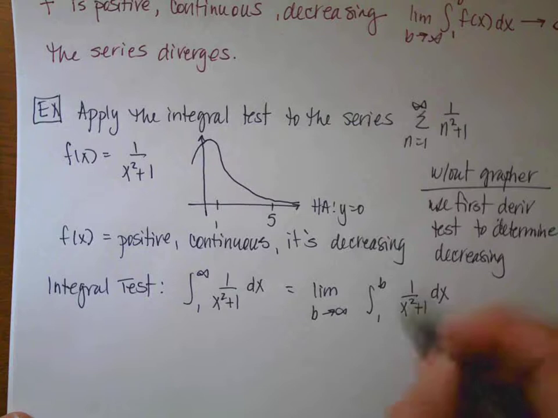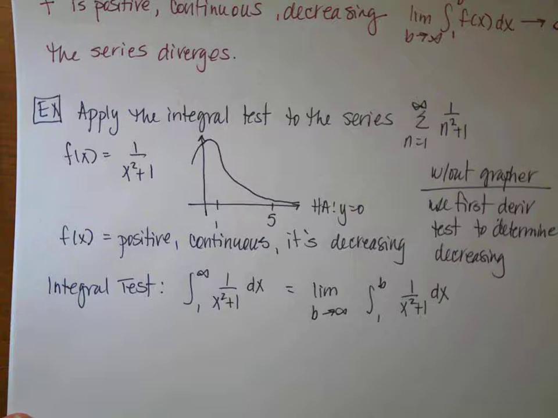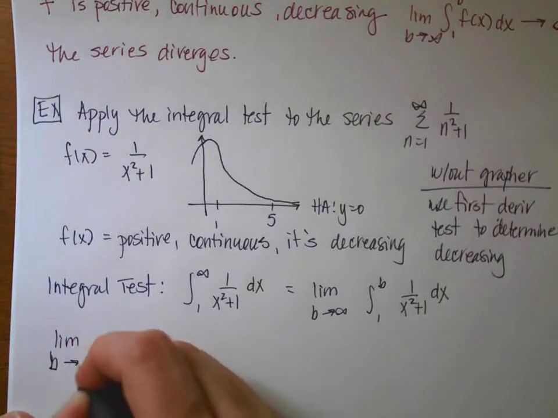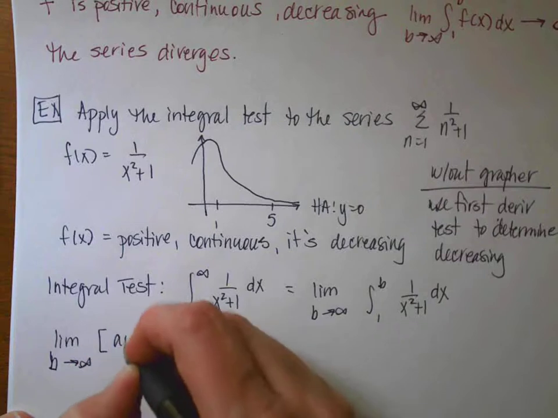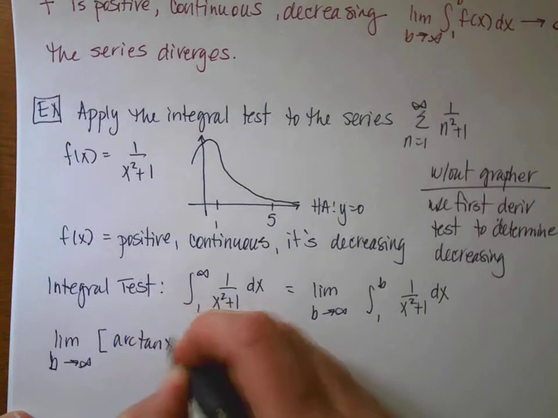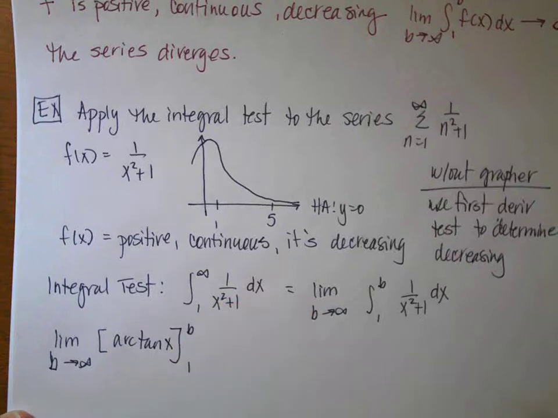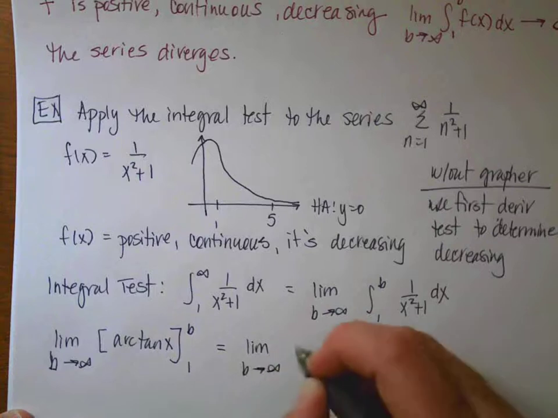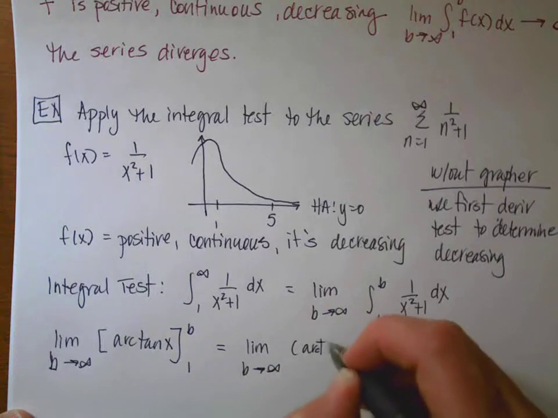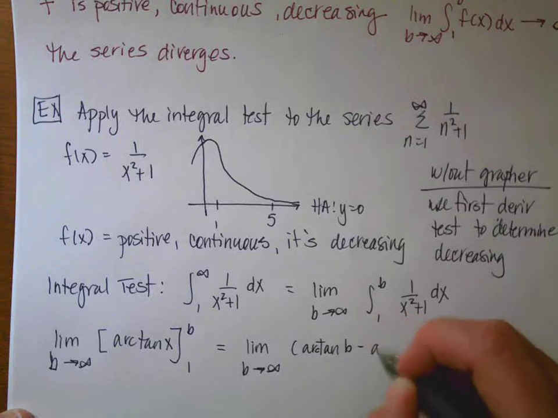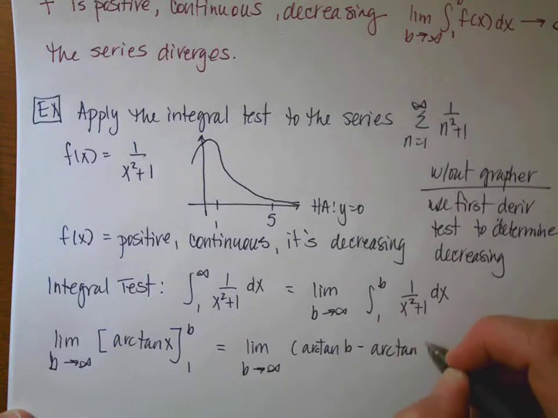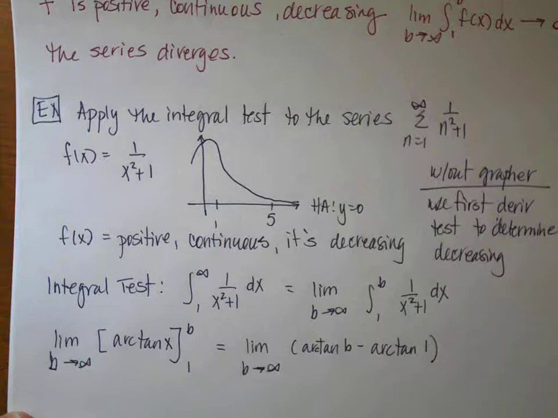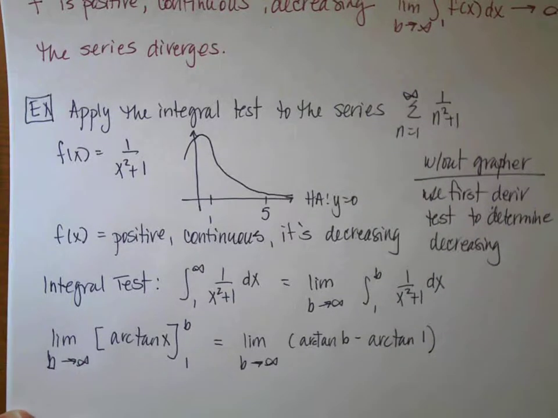Alrighty. And then if we continue, now I need to take my integral right here, and that's going to be the arc tangent. So this is going to be the limit as b approaches infinity, and then I'm going to have the arc tangent of x, and I'm going to evaluate from 1 to b. So this is the limit as b approaches infinity of the arc tangent of b minus the arc tangent of 1, okay?